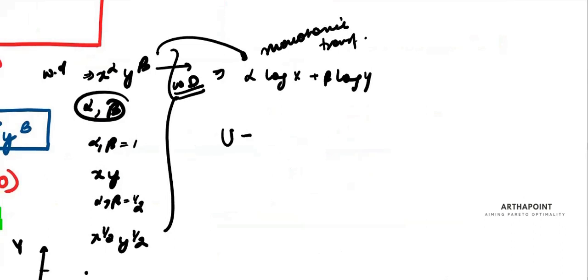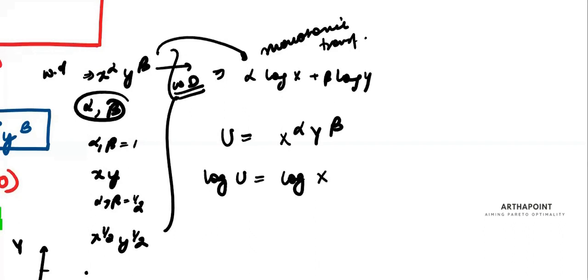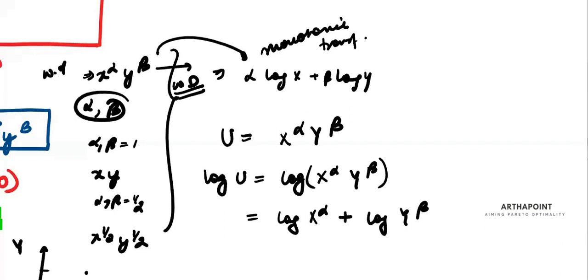So if my utility function is x to the power alpha, y to the power beta, I can have another utility function which is saying that take log on both sides. So log of x to the power alpha, y to the power beta. This is log of x to the power alpha plus log of y to the power beta, because this is just log mn.